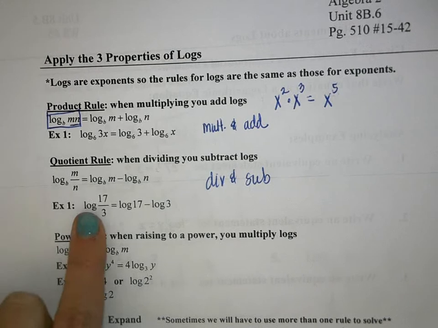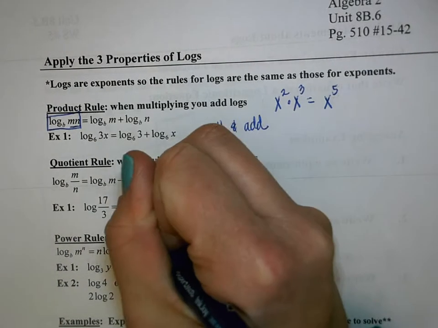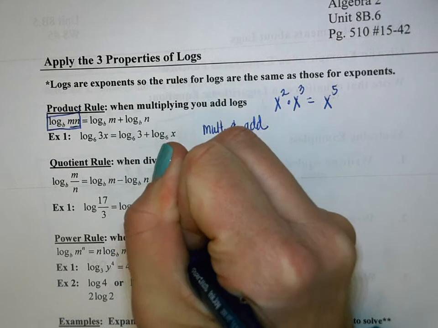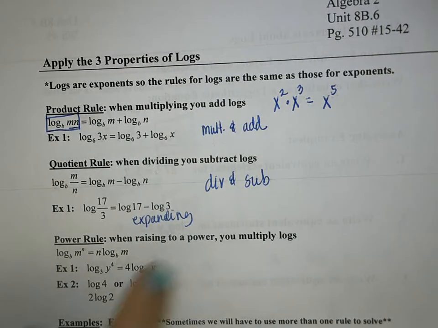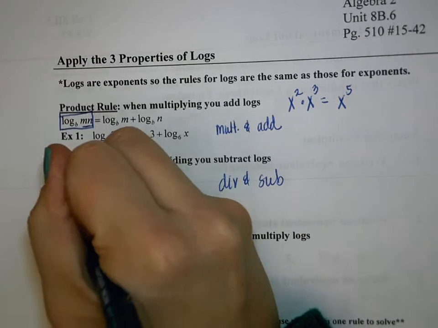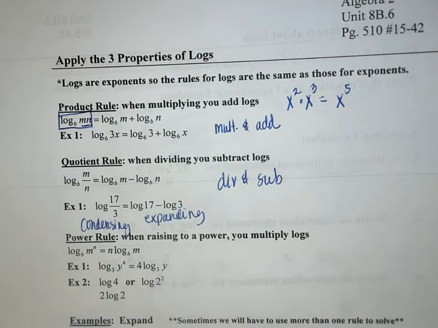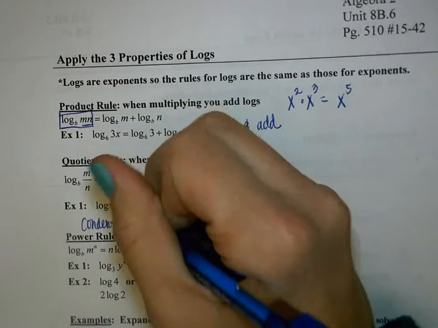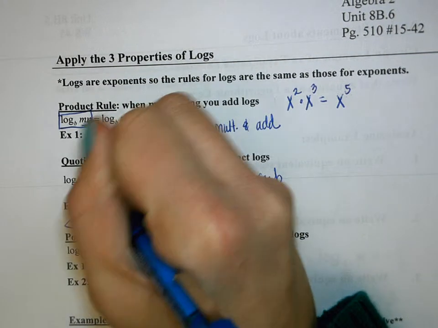Okay. So when you go to the subtracting, that is called expanding because you're making it longer. And when you go to the division, that would be called condensing. Okay. So this is the expanded way. This is the condensed way.